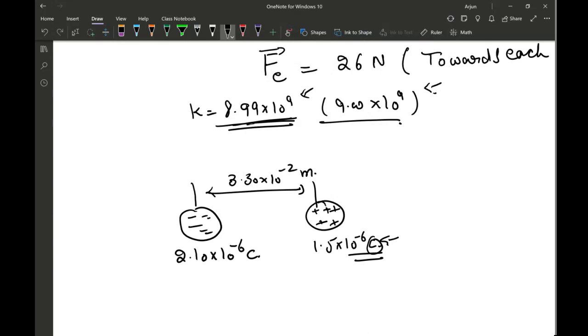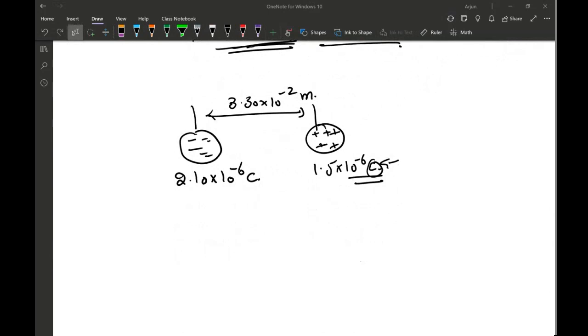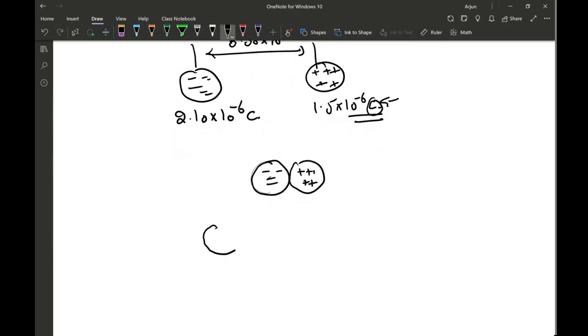That's given to me exactly same as the previous question, but the difference now is I'm going to bring these two charges together. I'm going to bring them close to each other and allow them to touch each other. So this negative charge will touch the positive sphere, and then I will move them back to their original position.